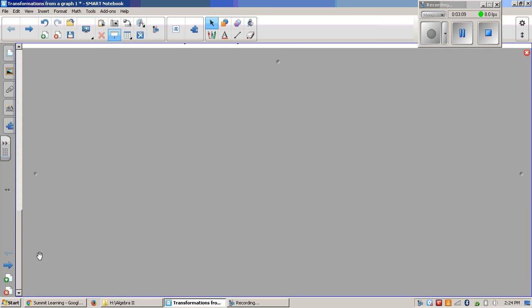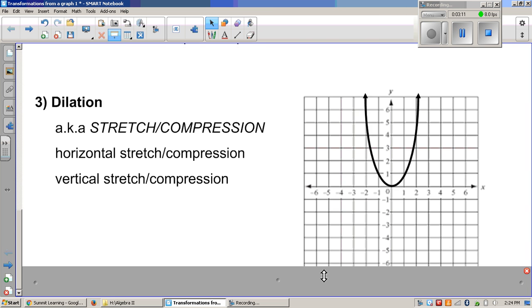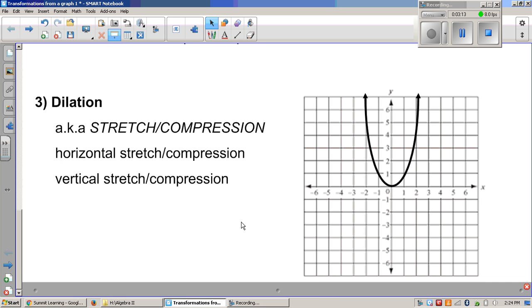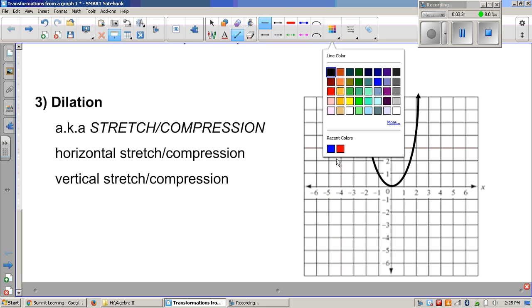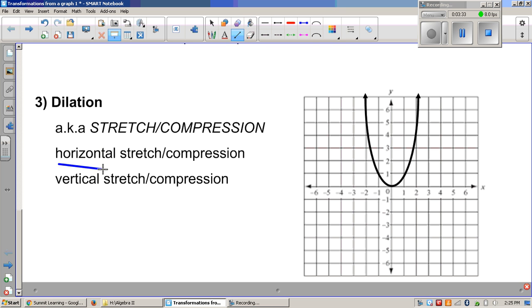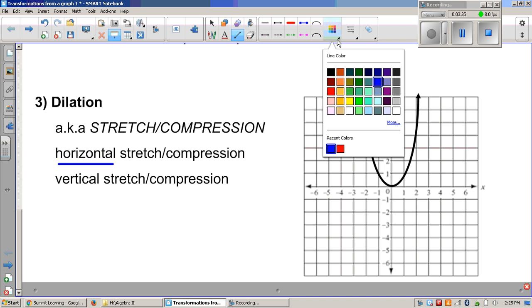The last type of transformation that we're going to talk about in this focus area is dilations. Now, dilations basically is just a stretch or compression. It's changing the shape of the function. We can talk about dilations that are horizontal stretches and compressions, or we can talk about ones that are vertical.